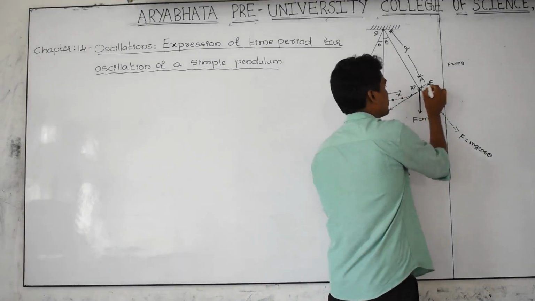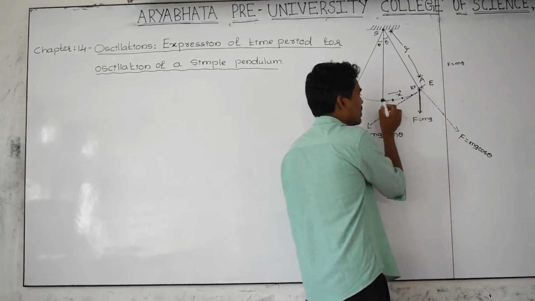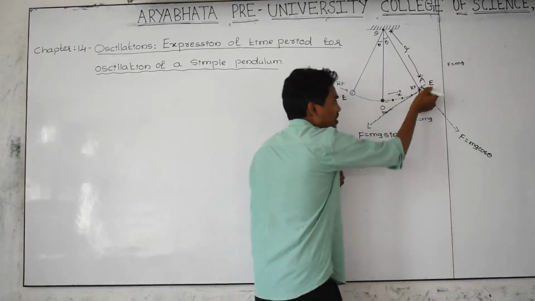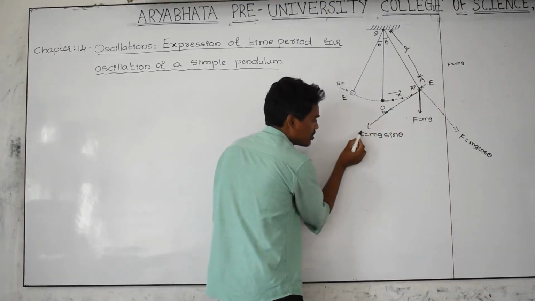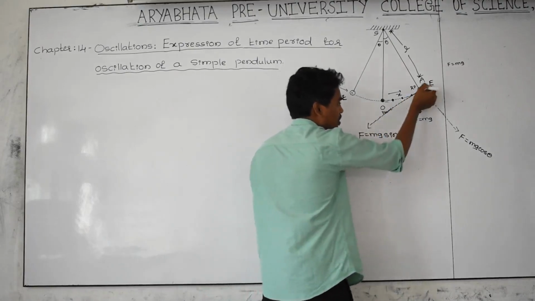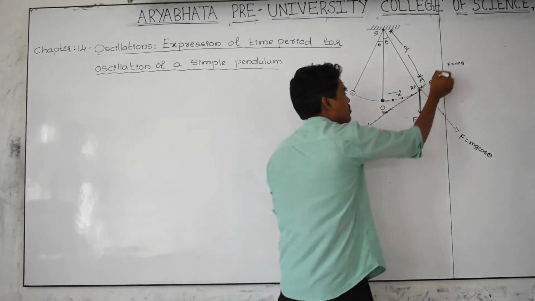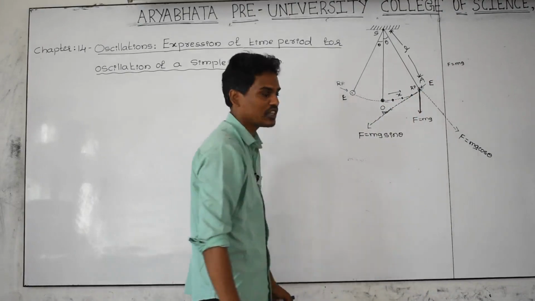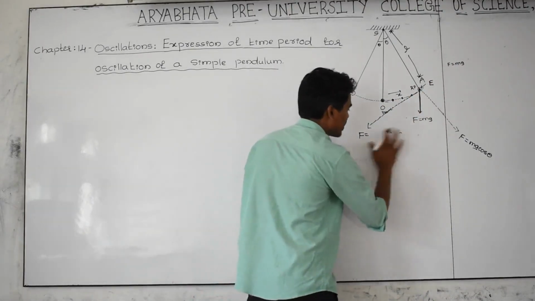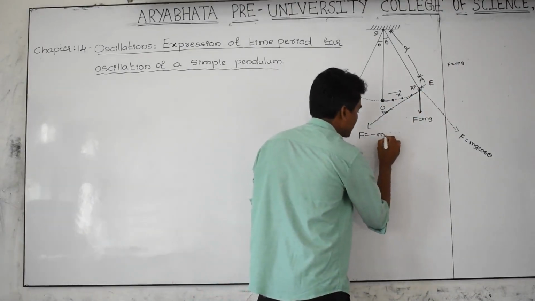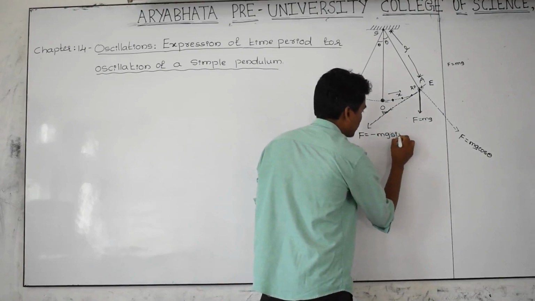Displacement is in this direction, indicated as x. Restoring force and displacement x are both in opposite directions. That's why I am taking the minus sign, minus mg sin theta.